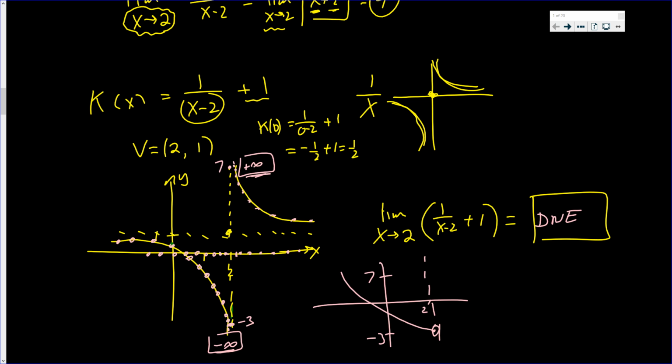And the other side above 2, it goes like this and then it stops right there. If you're a little bit above 2, you're getting closer and closer to 7. But if you're a little bit less than 2, the y value is getting closer and closer to -3. If you don't get the same answers from the left side and the right side, we say the limit does not exist.